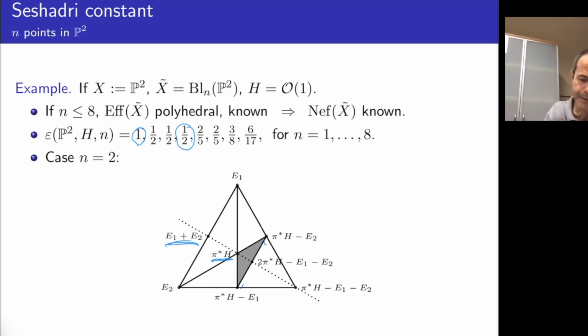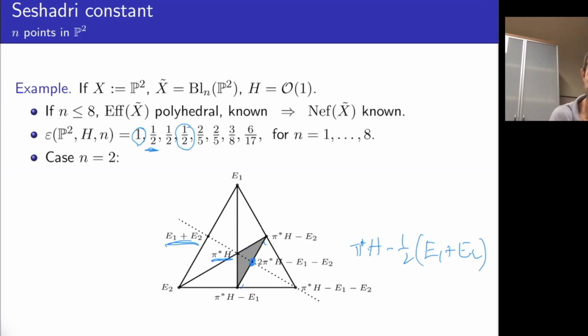We can see the point where it intersects the NEF cone, apart from the pullback of H. This corresponds to the value of the Seshadri constant, and this class is the class of a conic through the 2 points. We can write it as the pullback of H minus 1/2 (E1 plus E2).